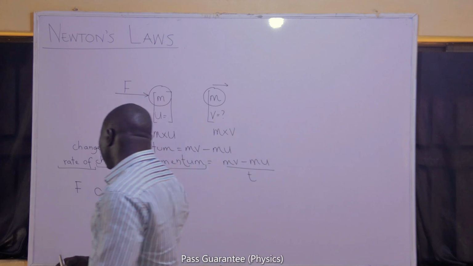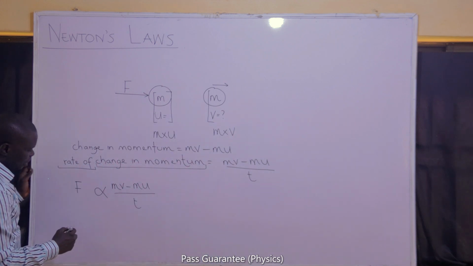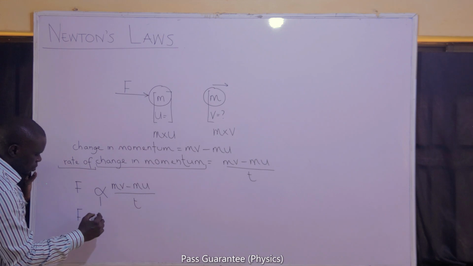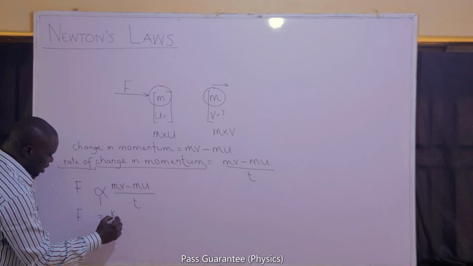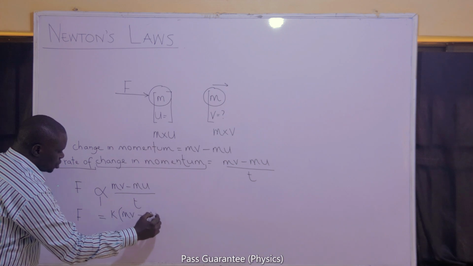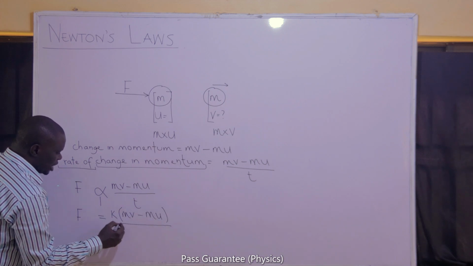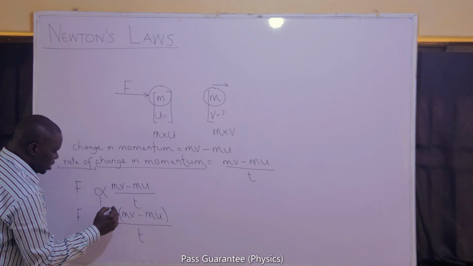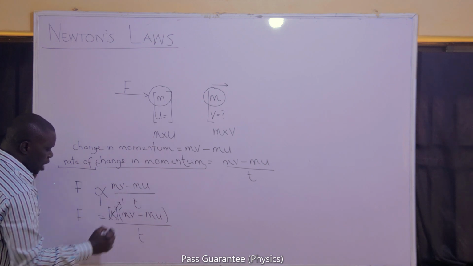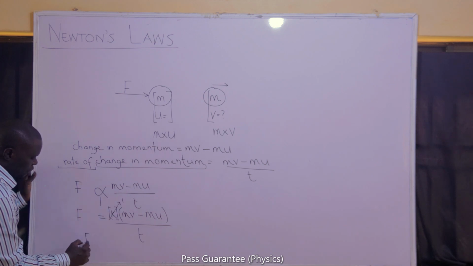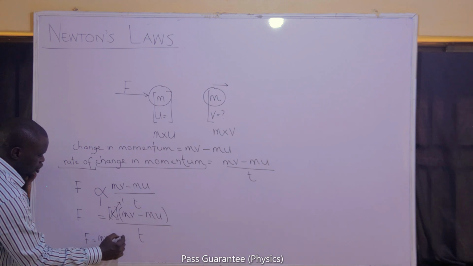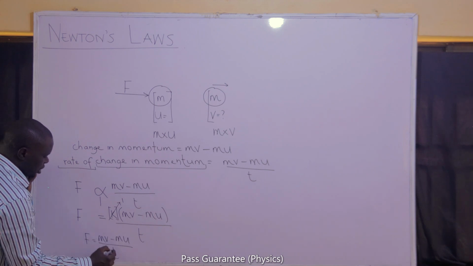If we continue to work with that, if we decide to change this to equality, we'll put is equal to, and we have a k value, (mv minus mu) all over t. Experimentally, the k value here has been determined to be 1. If it is 1, we can now say that the force must be equal to (mv minus mu) all over t.